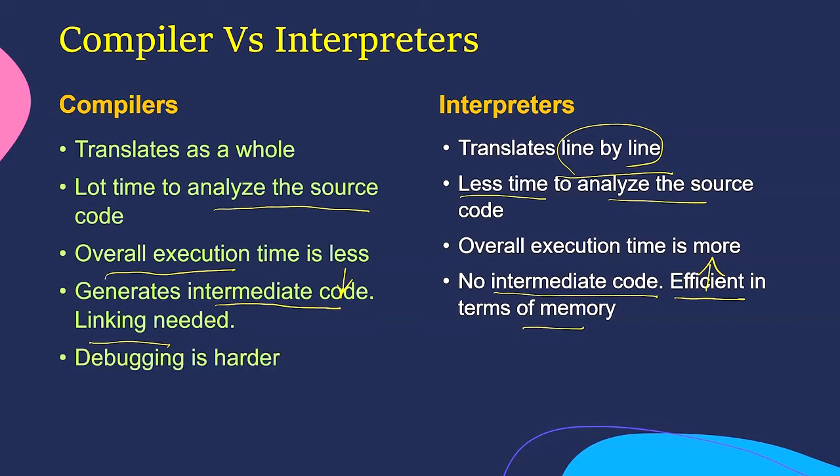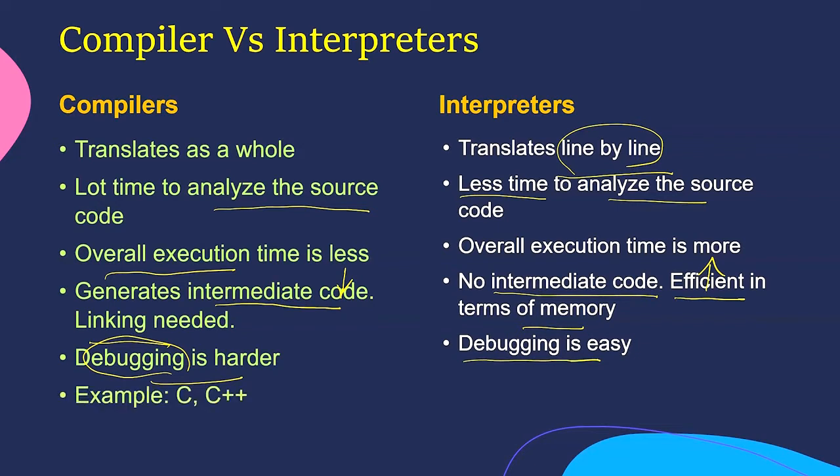Compiler generates the error message only after it scans the complete program, and hence debugging is harder. Whereas interpreter keeps translating the program continuously till the first error is confronted. If any error is spotted, it stops working, and hence debugging becomes easy in case of interpreters.